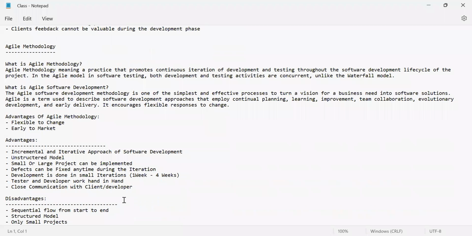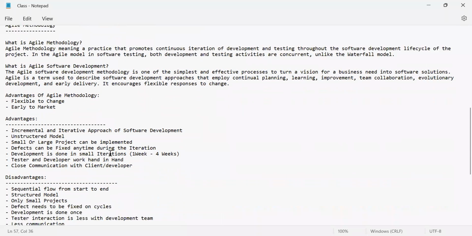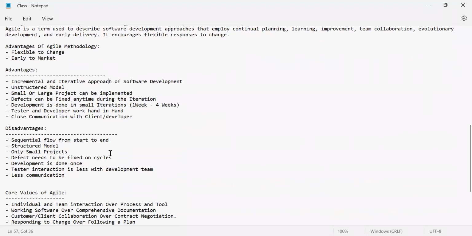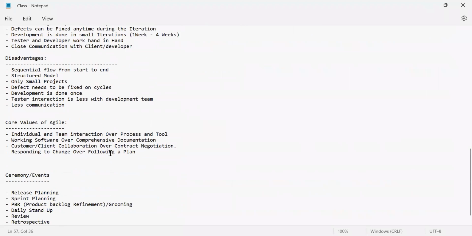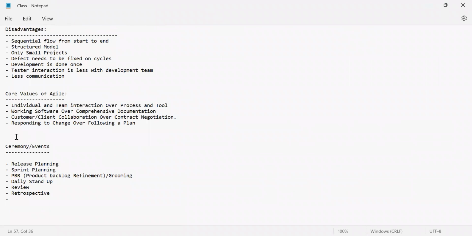Yesterday we were discussing agile methodology, the advantages and disadvantages of agile methodology over waterfall, and the core values of agile.